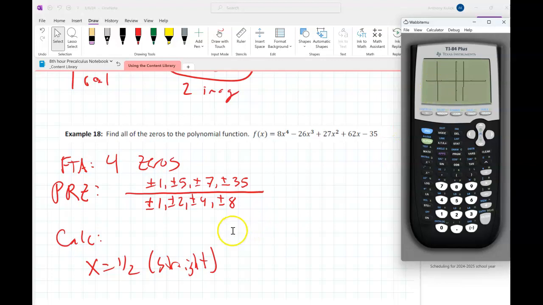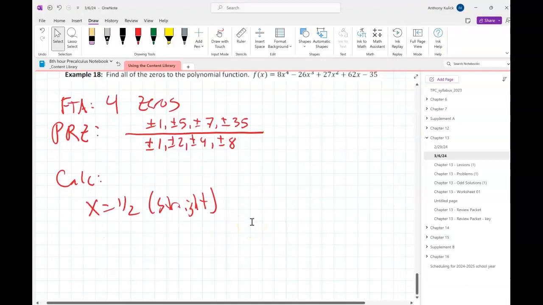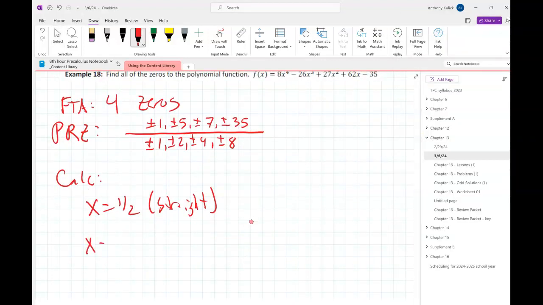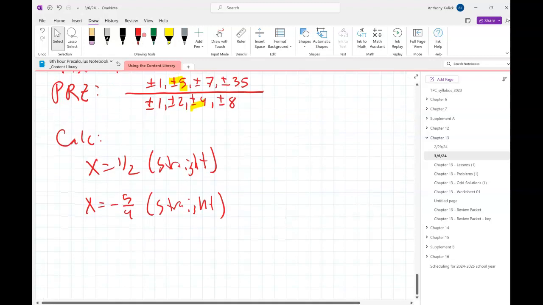Let's look at our list. Is there anything I can make on this list that's close to -1.2? 5 over 4? 1.25? That's probably it, right? And 1/2 is obviously on that list.